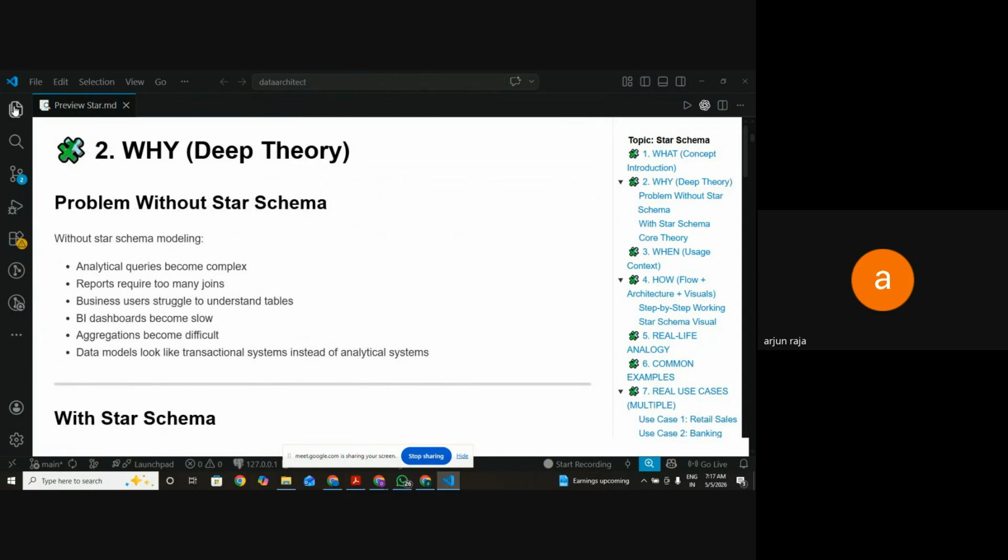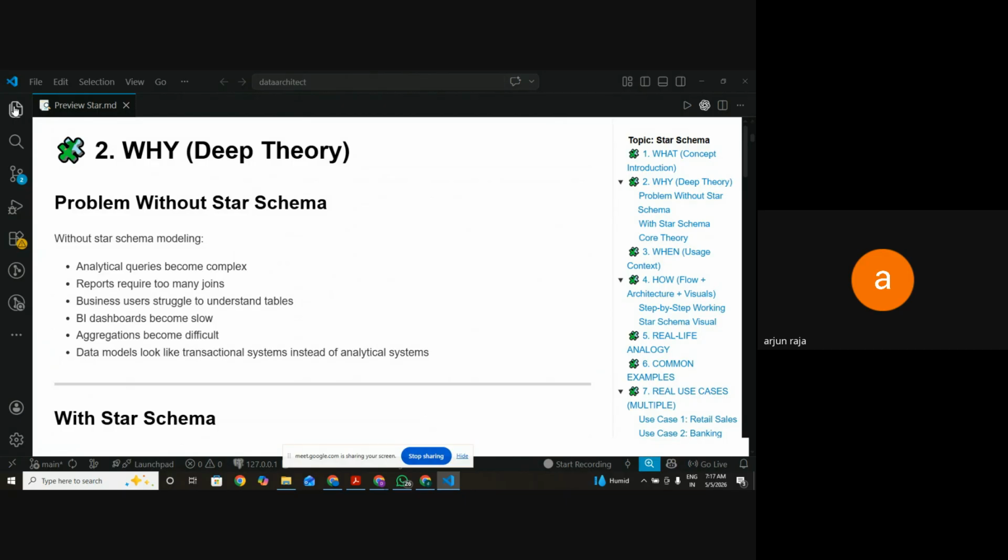Tip 3, problem without star schema. Without a star schema model, analytical queries become complex, and reporting queries need too many joins. Yes, we have seen that in snowflakes. Business users struggle to understand the tables.